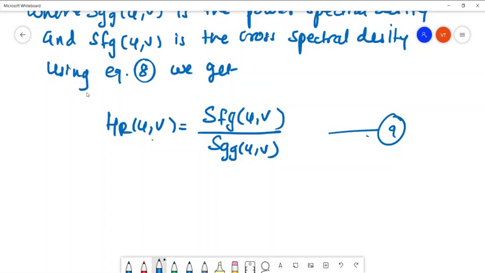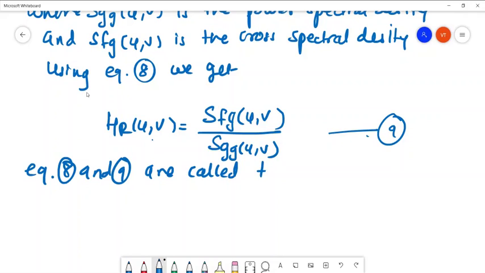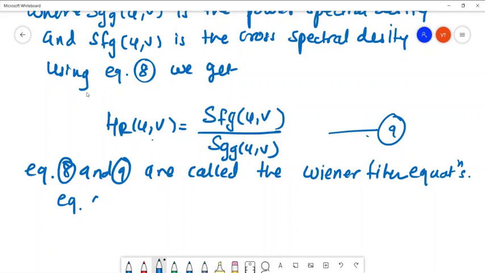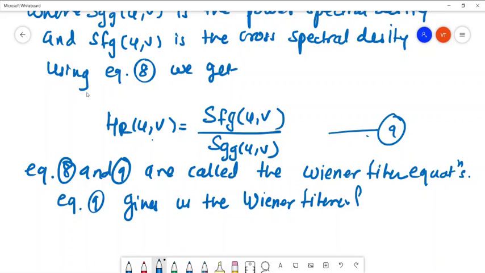Here equation 8 and equation 9 are called the Wiener filter equations. Okay, so equation 9 gives us the Wiener filter frequency response.